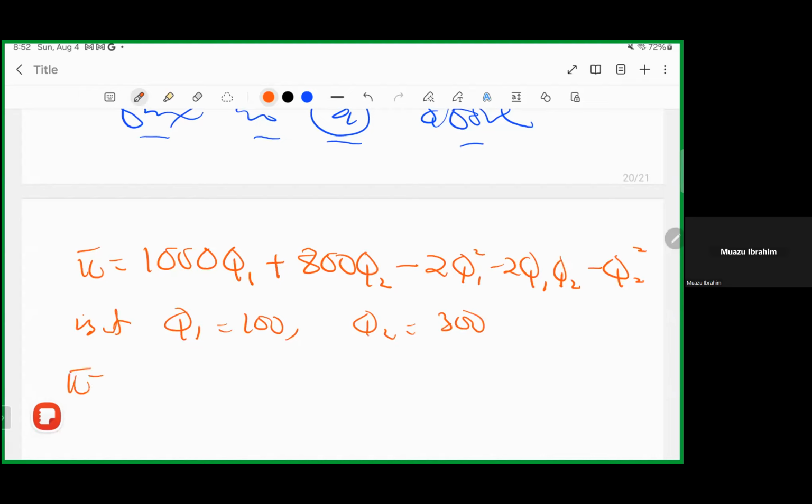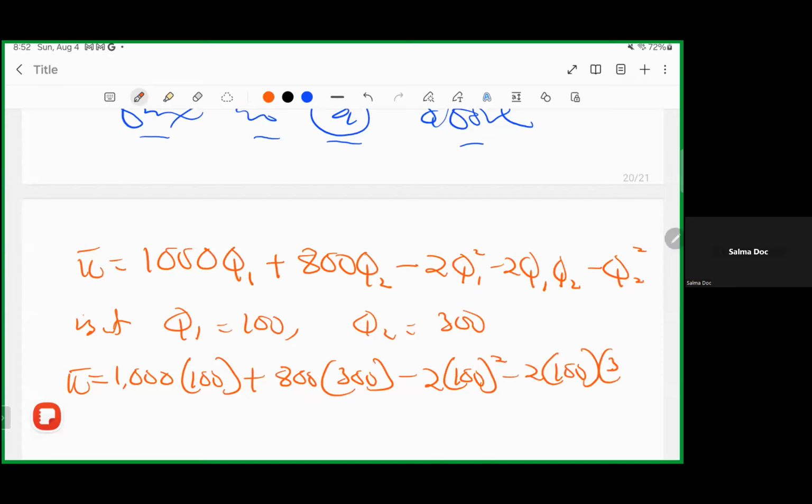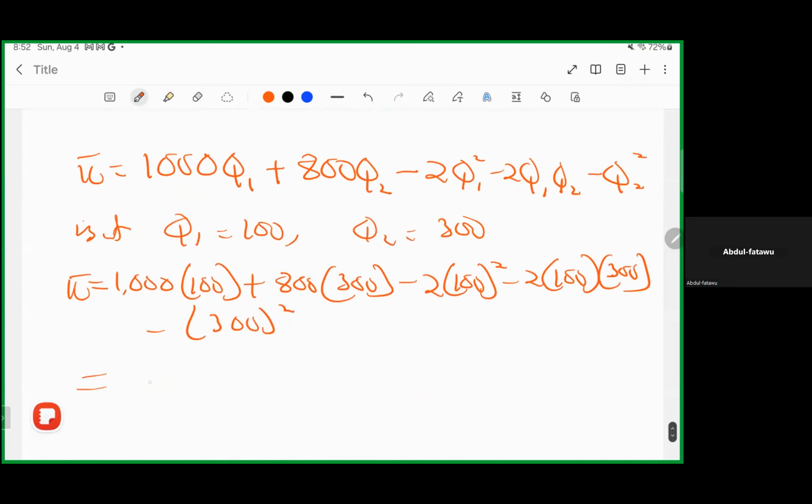So which means the profit would be what? 1000 Q times 100 will be 1000. 100 plus 800 times 300 plus minus 2 times 100 square, 100 square minus 2 times 100 times 100 minus 300 square. I don't know what you will get.